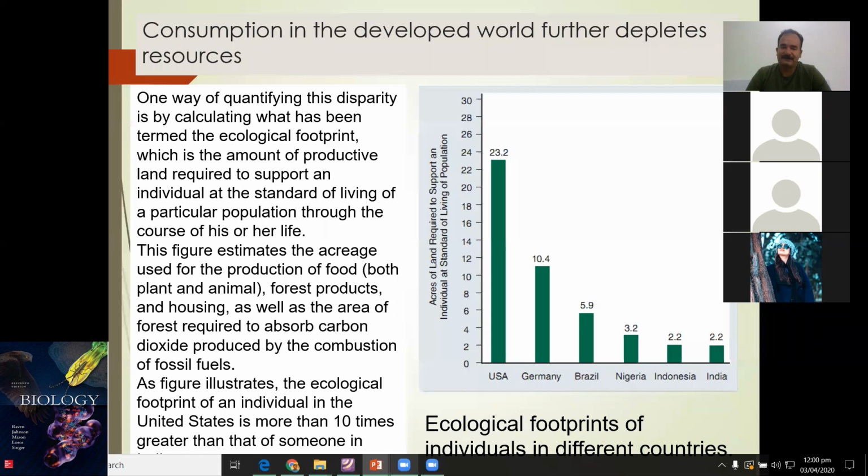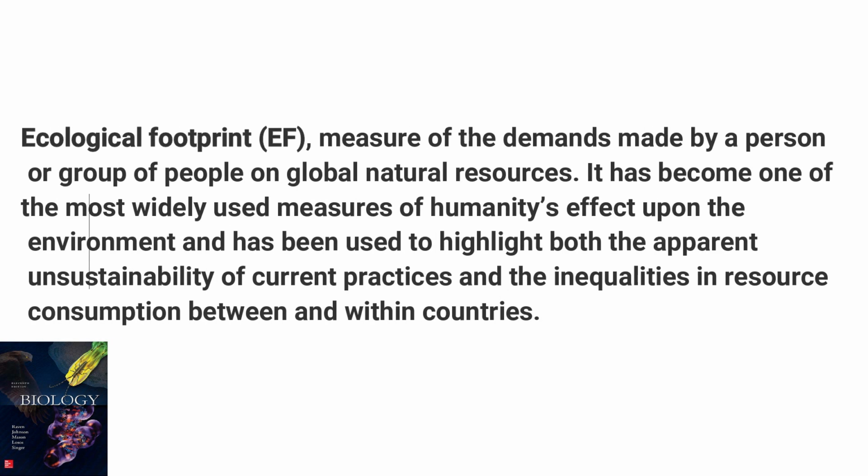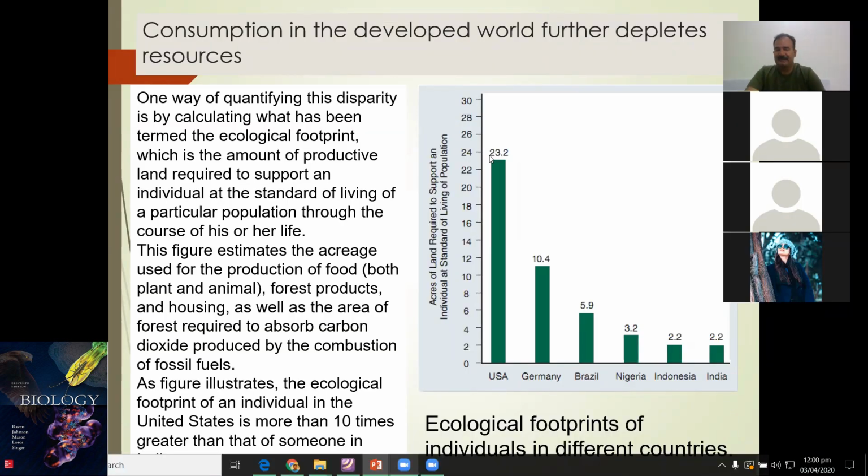On the basis of this ecological footprinting, we can estimate the resources available to and exploited by an individual living in these countries. Observe on the y-axis the acres of land required to support an individual at the standard of living of that population. In the United States, that land is quite available on a large scale. That is 23.2 acres per individual.